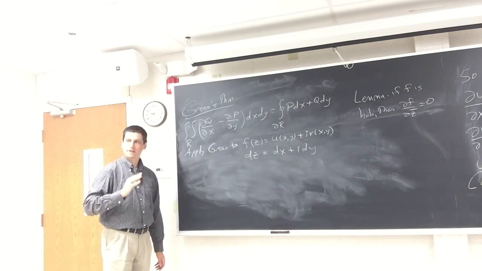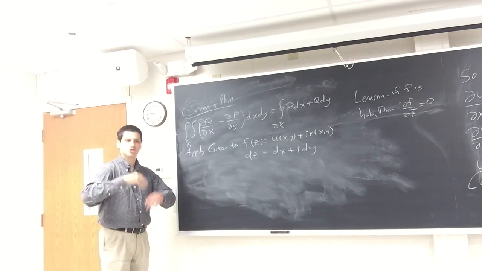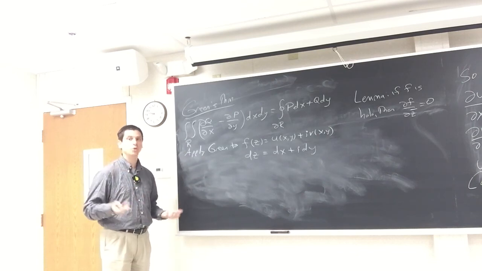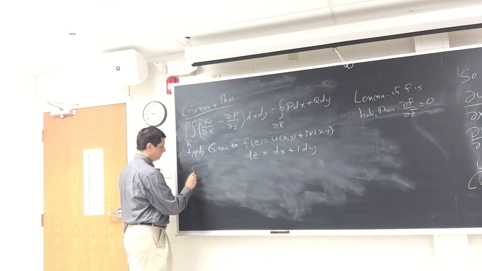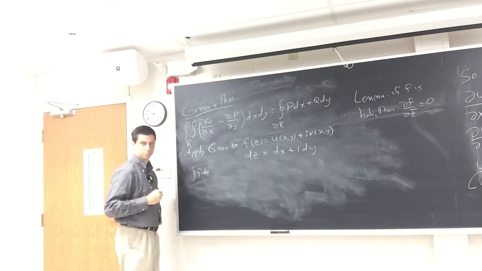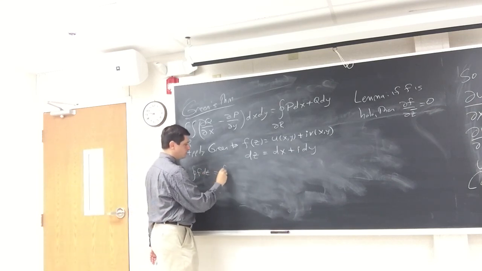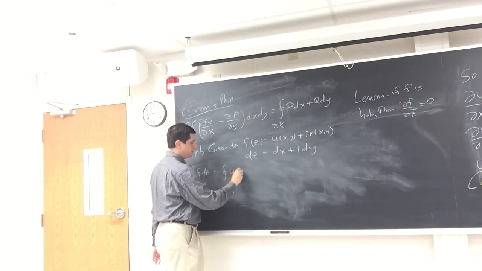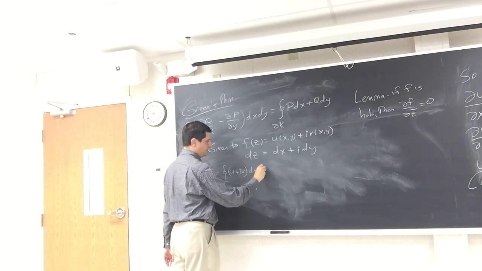If this seems a little fast, just put on a physics hat or an engineering hat. We will justify and make all this rigorous, but this is the quick proof of why we will get what we get. Let's look at the integral along some closed curve of f dz. Well, this is the integral along a closed curve of u plus iv times dx plus i dy.